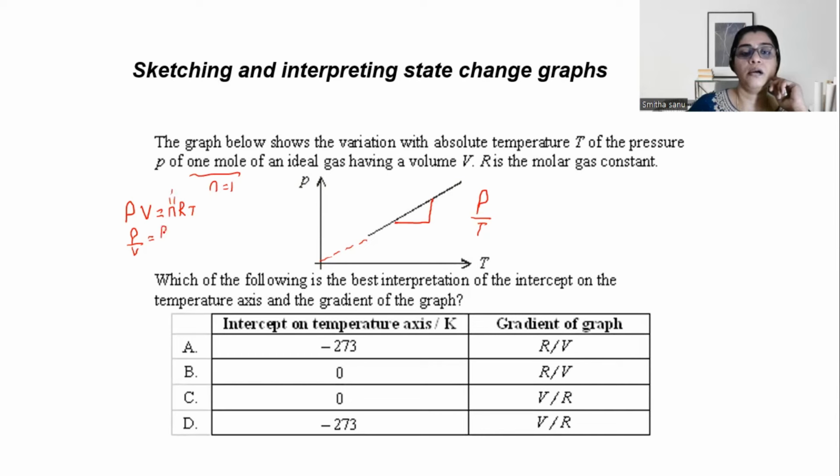So you have R over V on this side. The gradient of the graph should give you R over V and the intercept should be 0. The option is B.